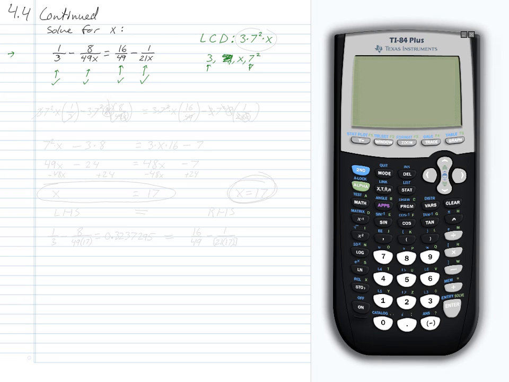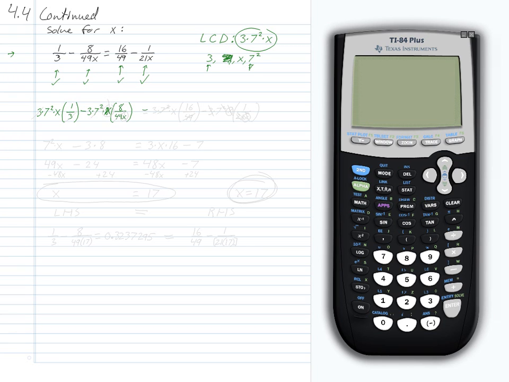So if I multiply the left-hand side by the LCD, we get 3 times 7 squared times x times 1/3, minus 3 times 7 squared times x times 8 over 49x.